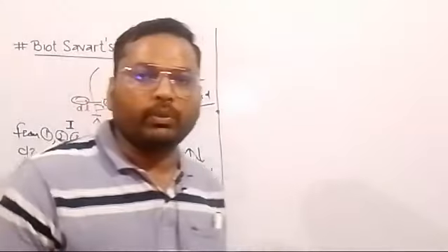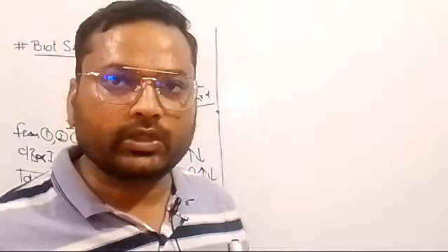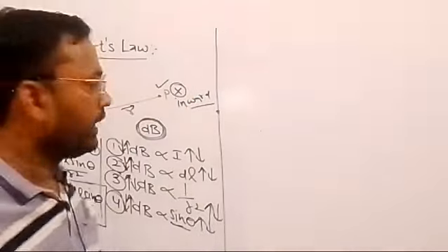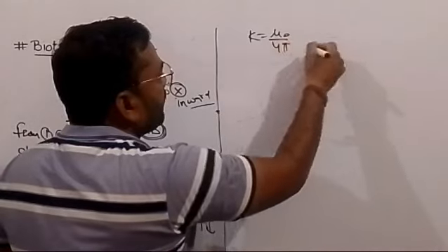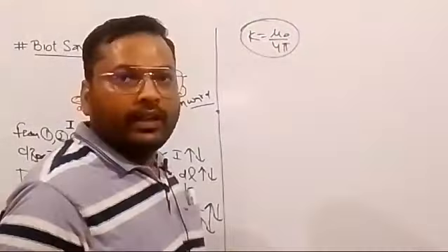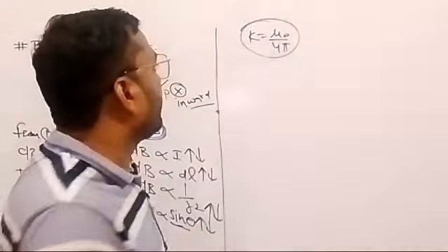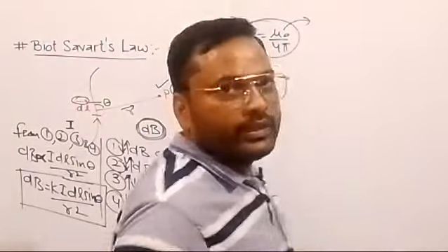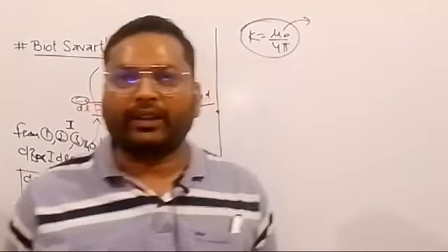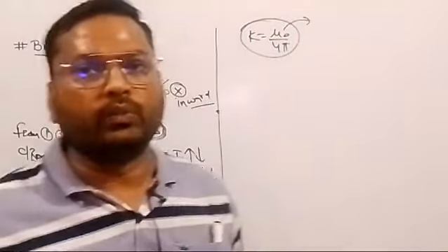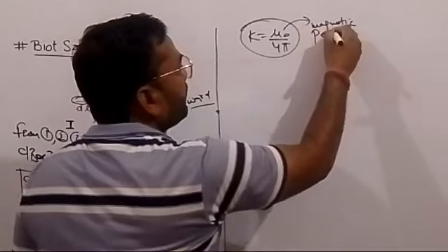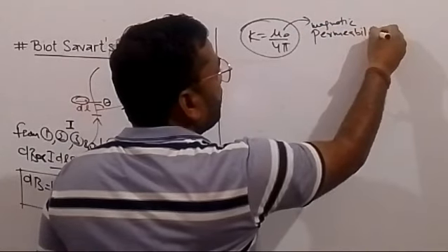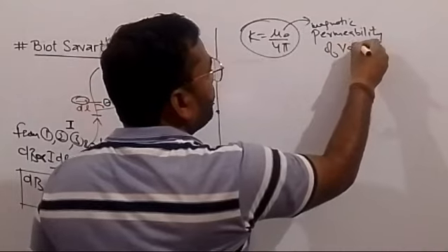This k is the constant of proportionality, and its value is k equal to mu naught upon 4 pi. Clear? This mu naught represents the magnetic permeability of vacuum.